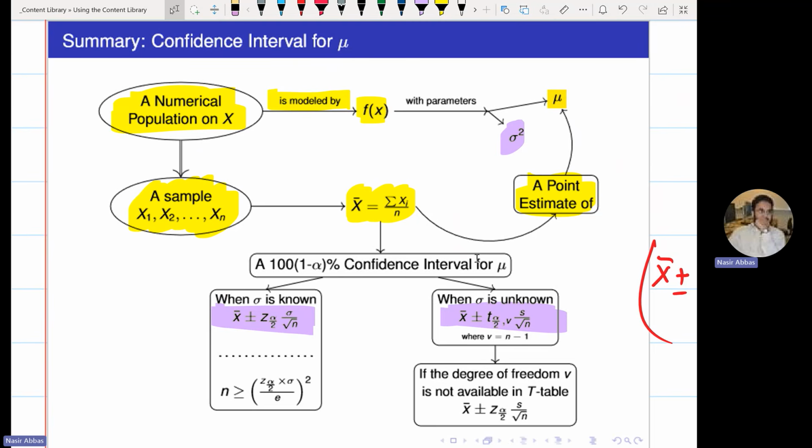This is the summary of confidence interval for mu in one slide. Any question from this summary? I'll use exactly the same summary for the next topic. So look at this summary and make a map of this thing in your mind.